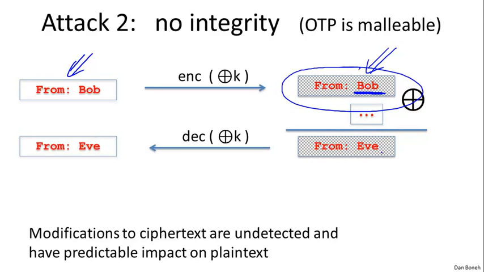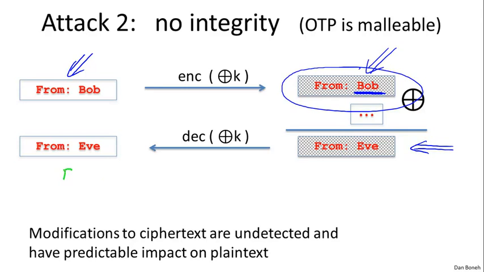Even though he himself could not have created a ciphertext that says "from Eve," by modifying an existing ciphertext he was able to do so. So by intercepting one ciphertext, he was able to change it so now it looks like it's from Eve rather than from Bob.